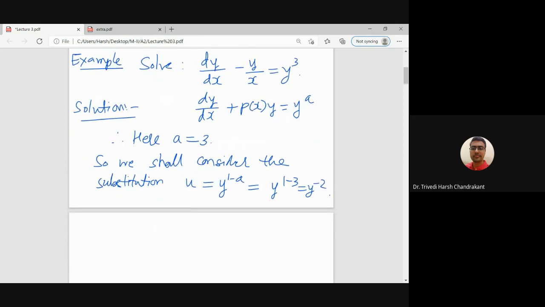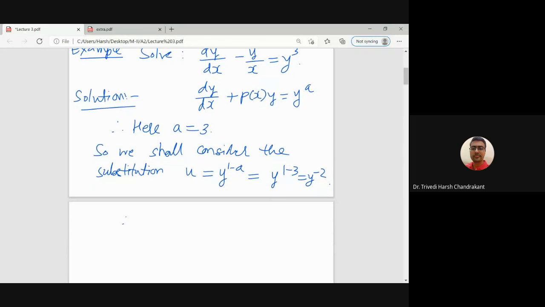So with this substitution, what will be du/dx, the derivative? u is a function of x because y is a function of x. The derivative of 1/y^2, that is y^(-2), is -2y^(-3) times dy/dx, right?